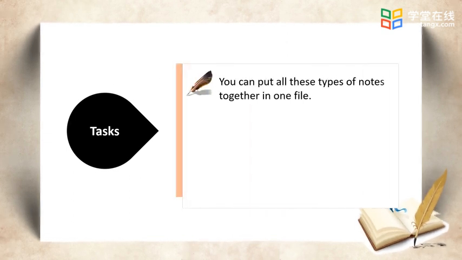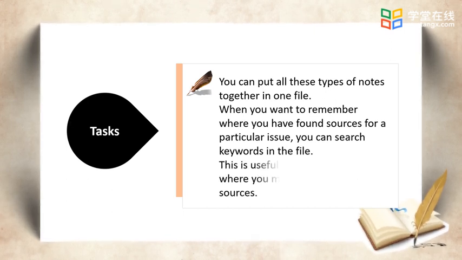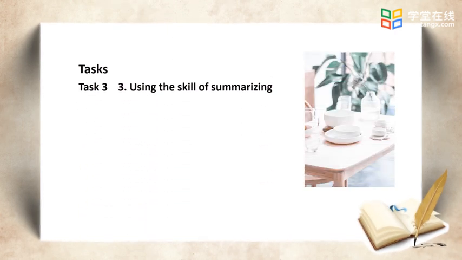You can put all these types of notes together in one file. When you want to remember where you have found sources for a particular issue, you can search keywords in the file. This is useful for dissertations, where you might have hundreds of sources. Task 3. 3. Using the skill of summarizing.